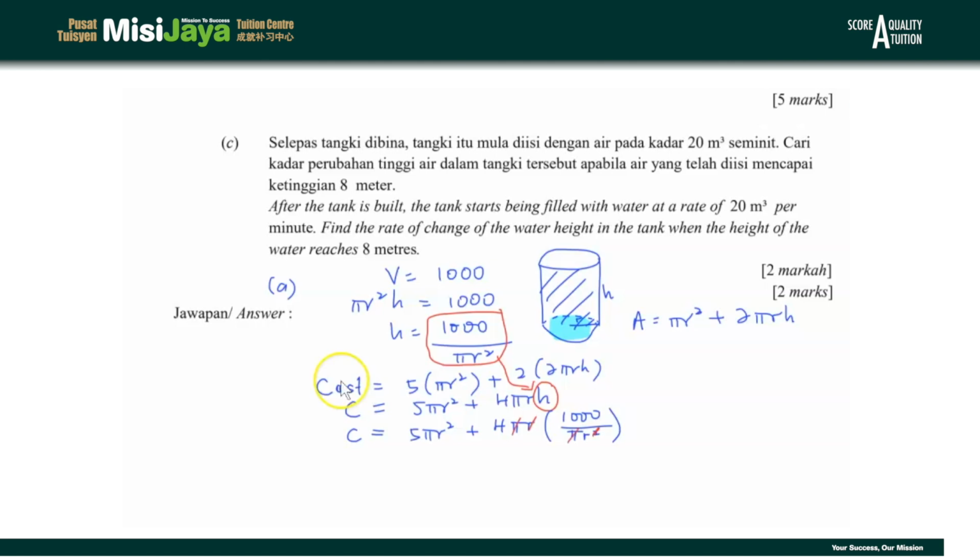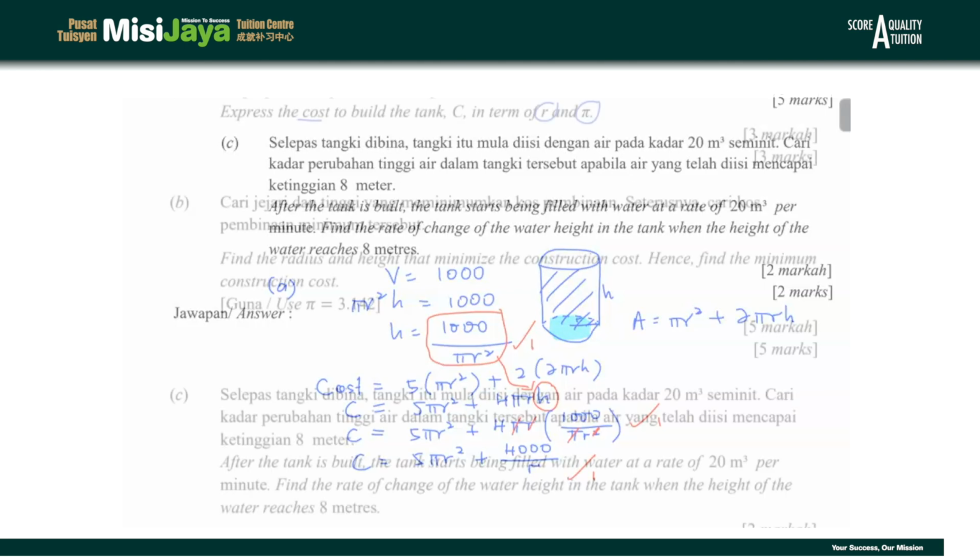So we will get C equals 5 pi r square plus 4000 over r. Okay, and this is the answer for A. So A is 3 marks. So where do we get the 3 marks? So here 1 mark, and this step is 1 mark, and the final answer for this question is 1 mark. So total here is 3 marks.